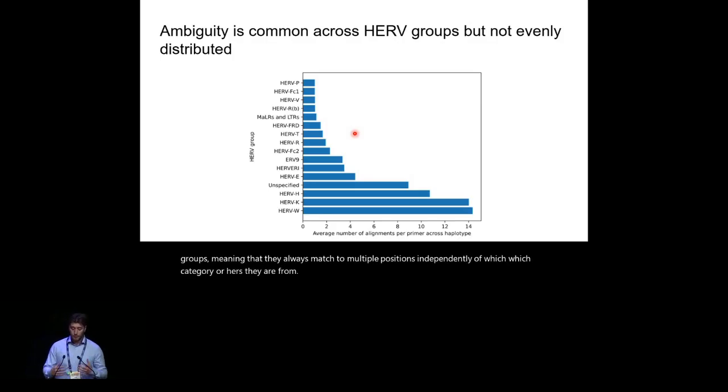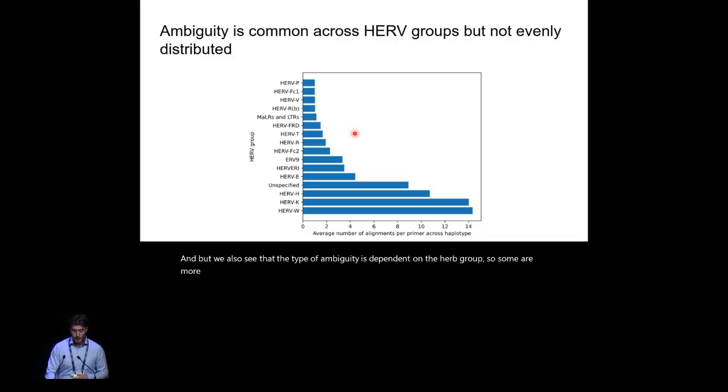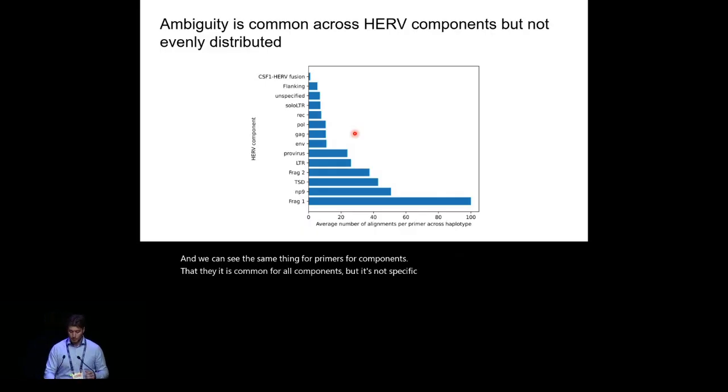But we also see that the degree of ambiguity is dependent on the HERV group, so some are more ambiguous than others. And we can see the same thing for components: the ambiguity is common to all components, but it is not specific to any component.